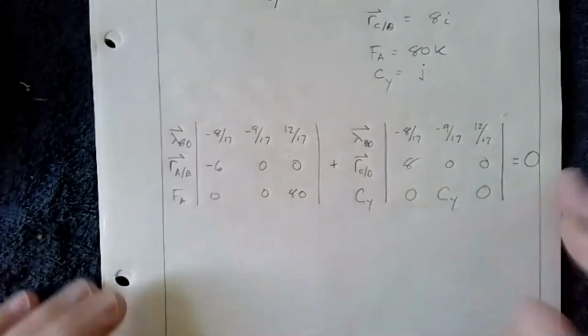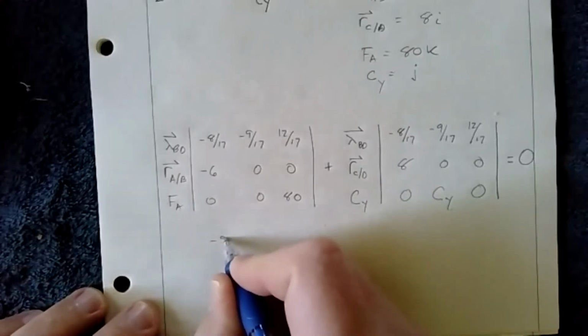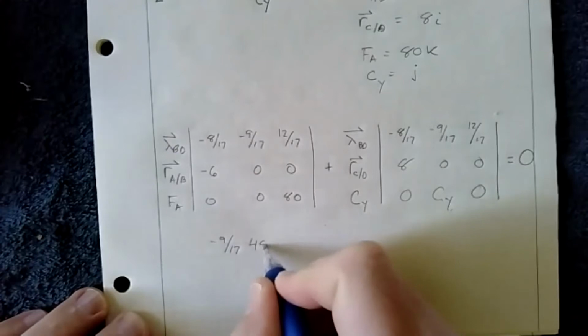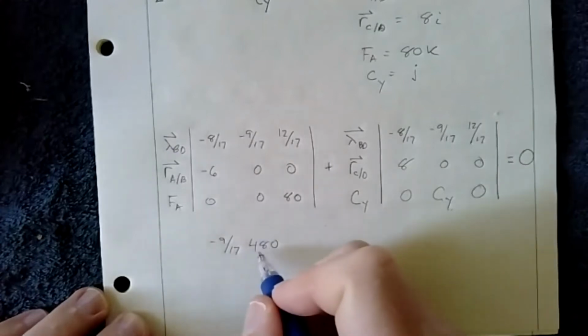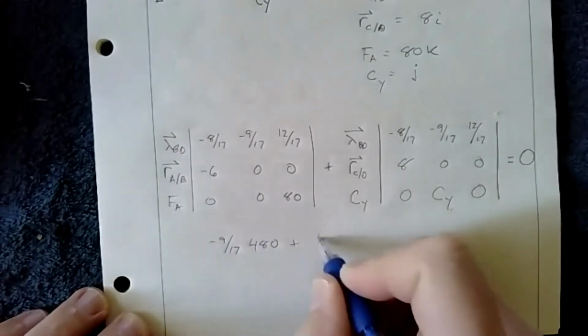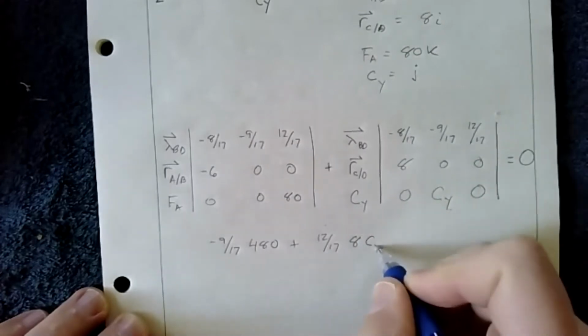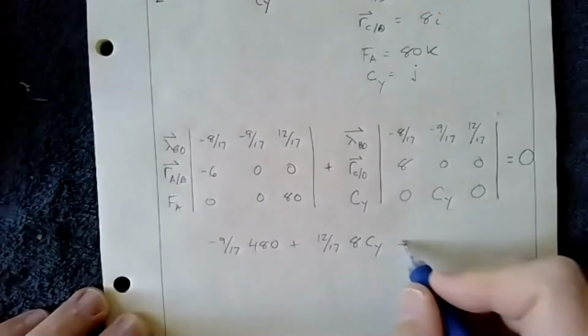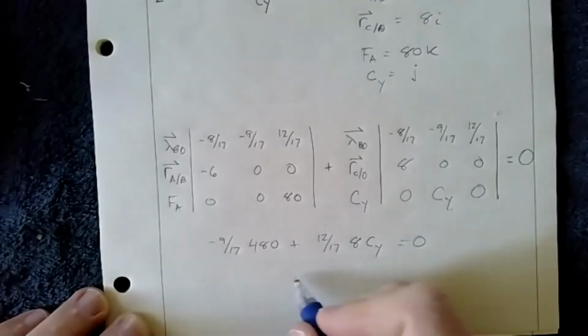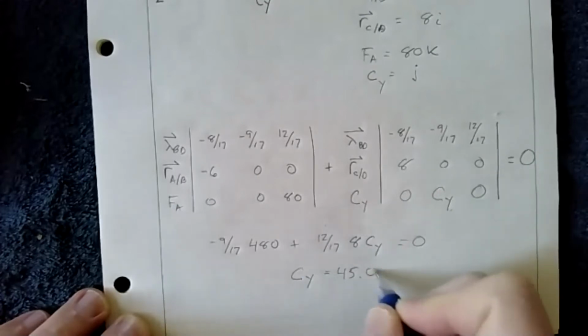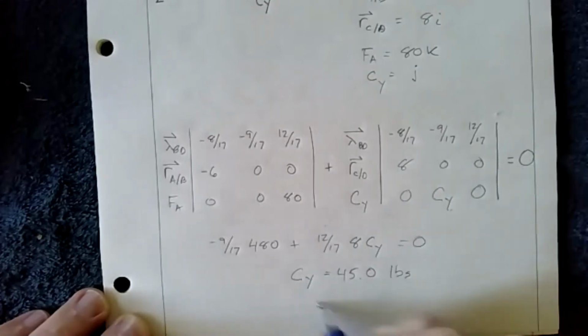What we end up with is negative 9/17 times 480 plus 12/17 times 8 times CY equals 0. And we end up solving CY is 45.0 pounds.